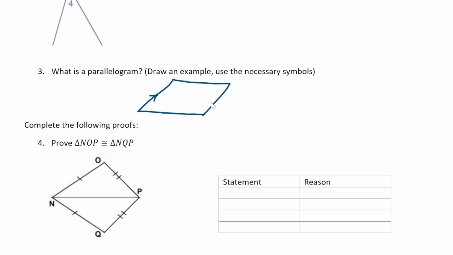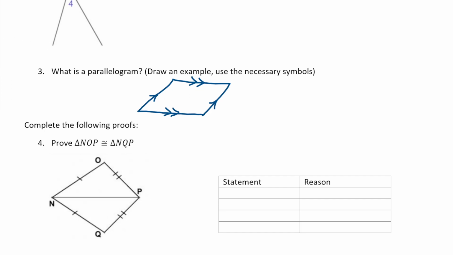So here's one arrow. Here's one arrow. That means these two segments are going to be parallel. Then this one will need double arrows. And this one will also need double arrows. That means that these two are parallel. So there you go. That is my parallelogram.